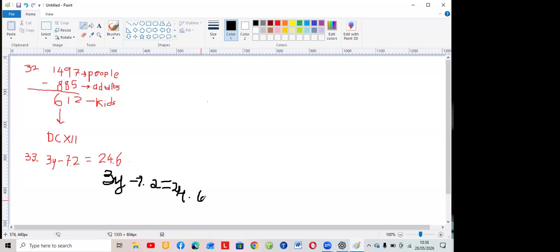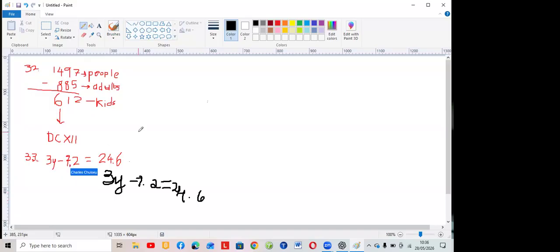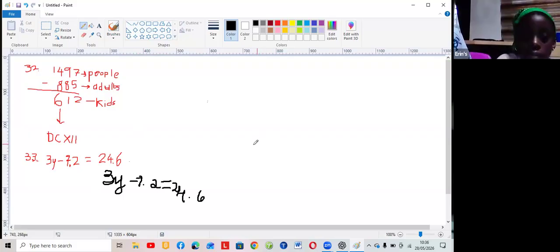Really? That didn't sound like that to me. It sounded like people had seen something very hard that made them exclaim. No, so it's the same thing now. What are we looking for here? We're looking for y. Algebra. It's algebra.